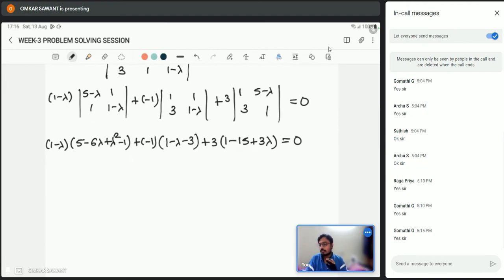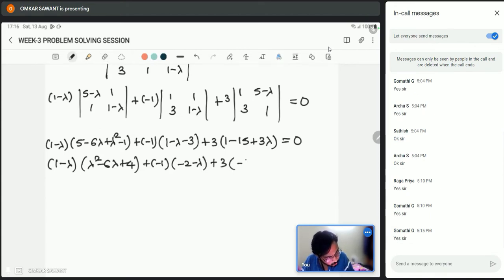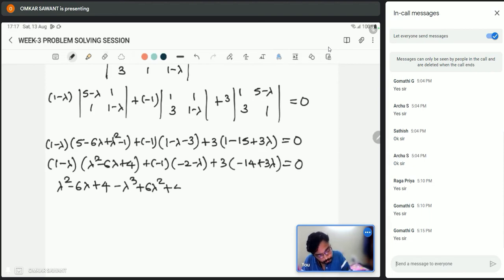Get the equation in terms of lambda. So we expand the terms: lambda square minus 6 lambda plus 4, and so on. Correct? So, what is the equation?